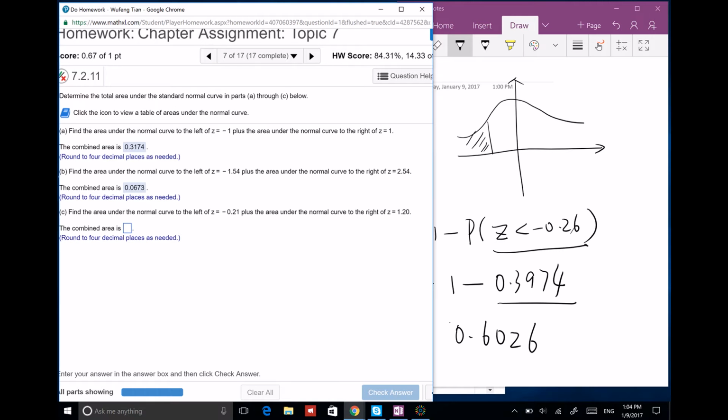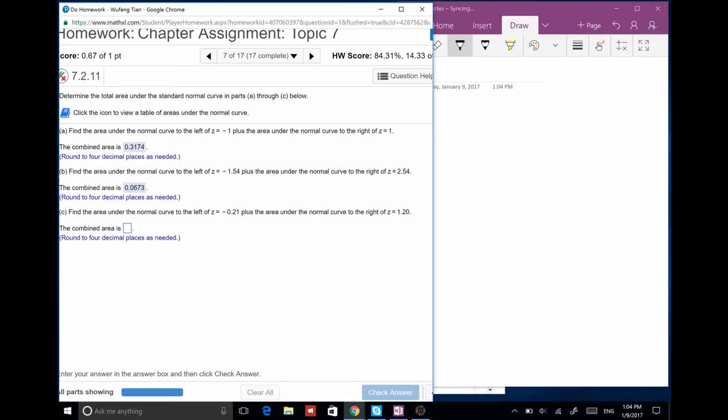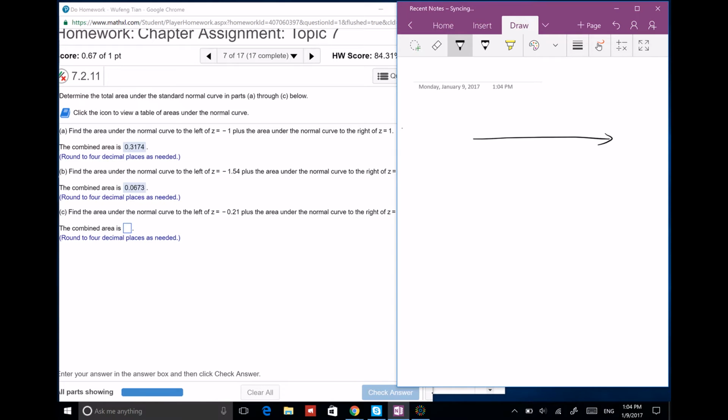Alright, number 7. The combined area, negative 1, positive 1. It asks you to find the area of this one. This is negative 1, and this one, positive 1. They are symmetric. You just need to find this area and multiply by 2.